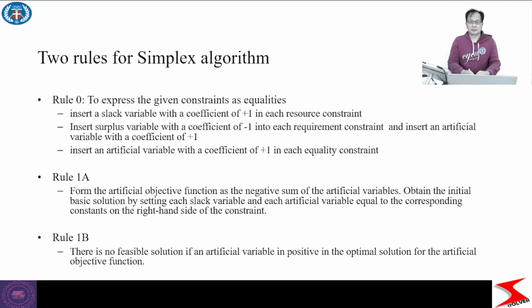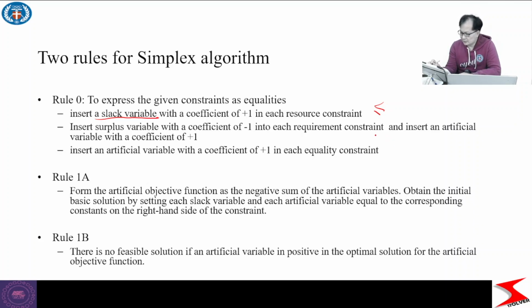So for the modified simplex algorithm, there are two rules. Rule 0 is to express the given constraint as equality, because we have three types of constraint. For the constraint with less than or equal sign, we insert a slack variable with the coefficient of +1.